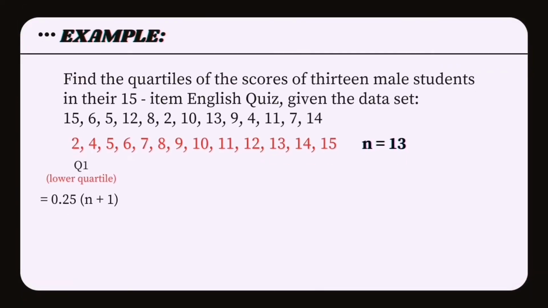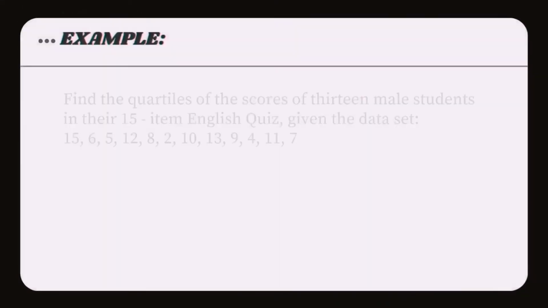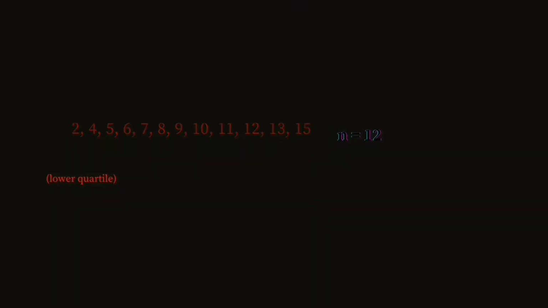So the formula for the lower quartile is 0.25 times (n plus 1). Since we know the value of n, we will just substitute 13 for n. So our formula is 0.25 times (13 plus 1). Then we add 13 and 1, which becomes 14.